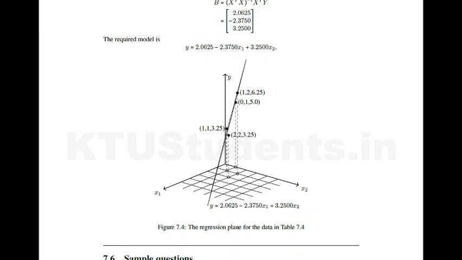Then we equate the partial derivative of the error to 0, that is the minimum, and you can find the least square estimates beta naught hat, beta 1 hat, etc., whether it is simple linear regression, polynomial regression, or multiple linear regression.